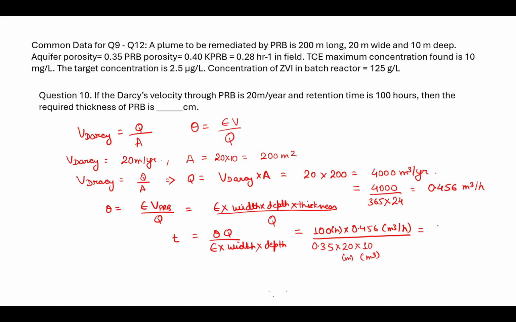It's coming out to be 0.65 meter. We convert it into centimeter by multiplying by 100, so it will be 65 centimeters. So 65 is the correct answer: the thickness of PRB required is 65.